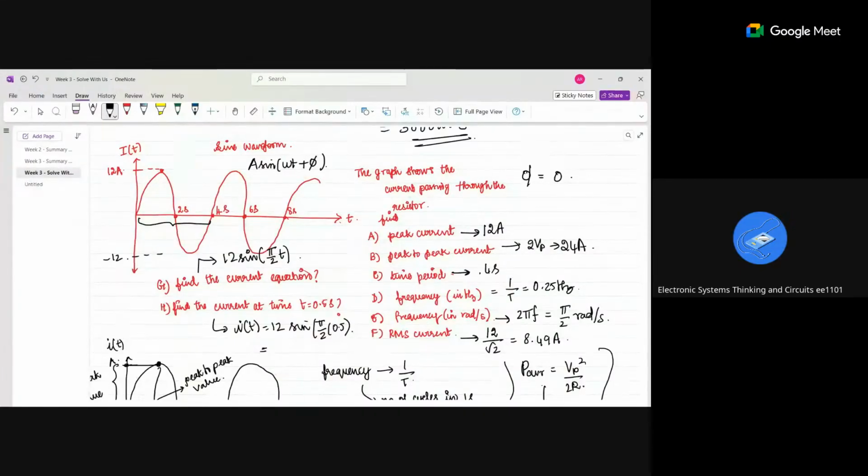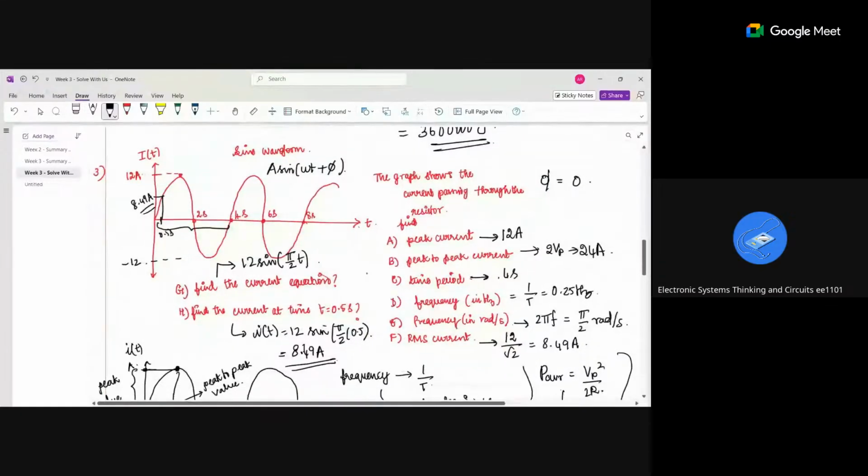It will be around 8.49 ampere. So at 0.5 seconds, my amplitude will be 8.49 amperes. Clear, right? Shall we move to the next question?